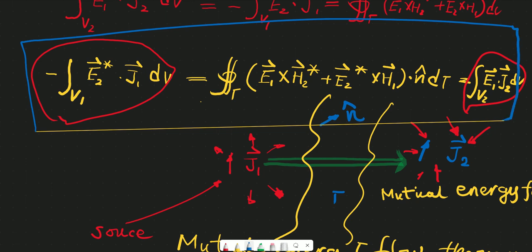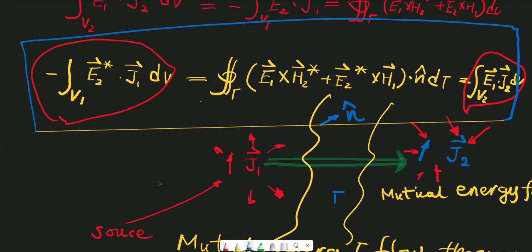Other people will still call it the reciprocity theory, because it involves the advanced wave, which needs negative time and time reverse processing, so it is very confusing to many people.